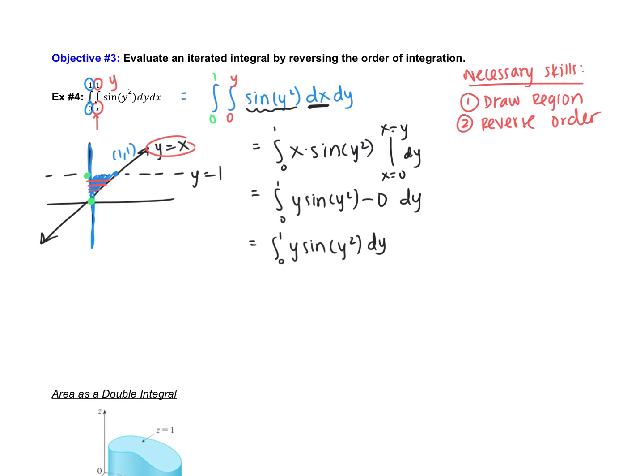And now we can integrate sine of y squared because we have that y out in front. So that ended up really nice for us. So we get negative 1/2 cosine of y squared from 0 to 1, which gives us negative 1/2 cosine of 1, subtract negative 1/2 cosine of 0, which is just negative 1/2 cosine of 1, add 1/2.